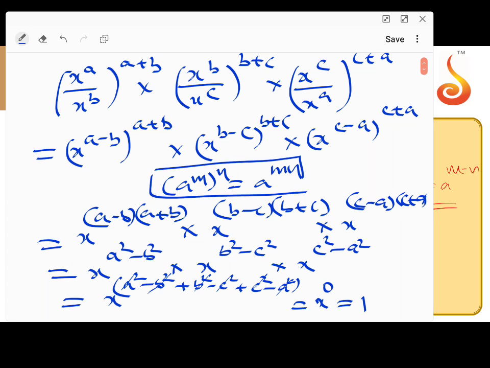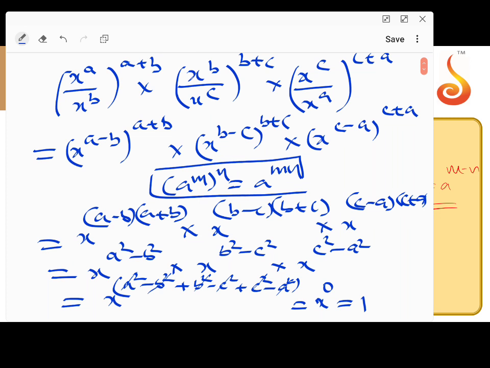After that, you can use the property (a^m)^n = a^(mn). So that means (a-b) times (a+b), next (b-c) times (b+c), times x^(c-a) times (c+a). We have the formula (a+b)(a-b). That gives x^(a²-b²) times x^(b²-c²) times x^(c²-a²). Now all the bases are the same, so you can add the powers.